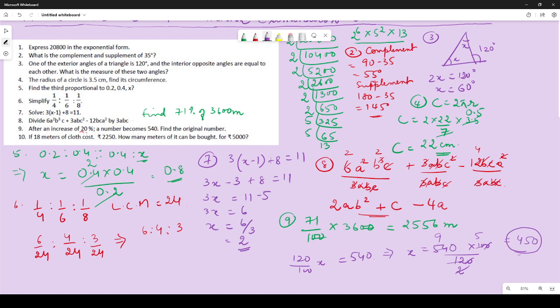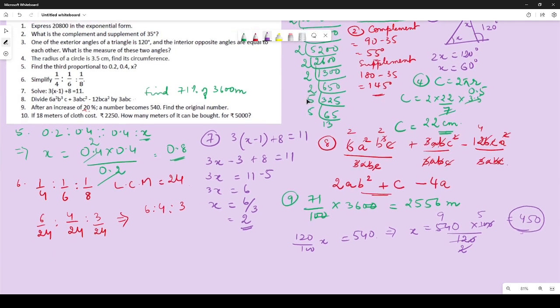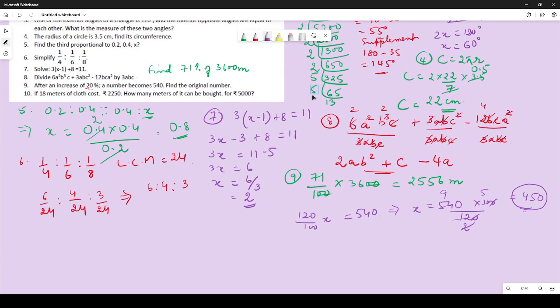Now let us take up the 10th question, the last question over here. So you can see it over here, the 10th question. Okay, so here it is, question number 10.